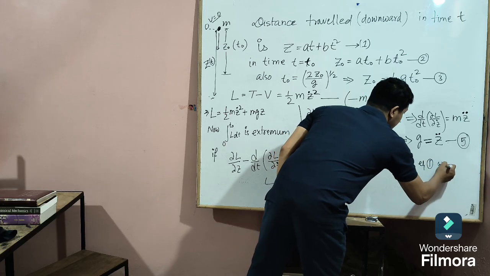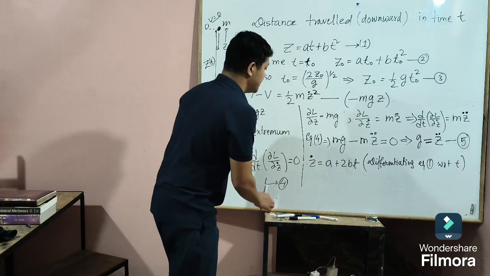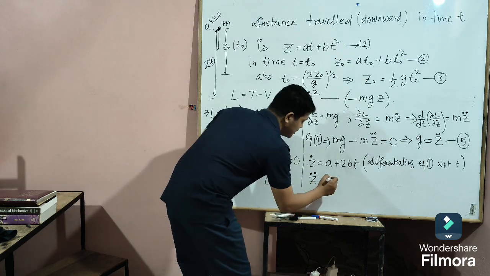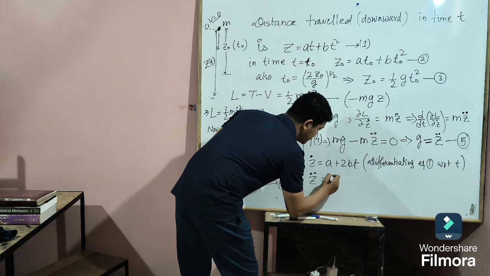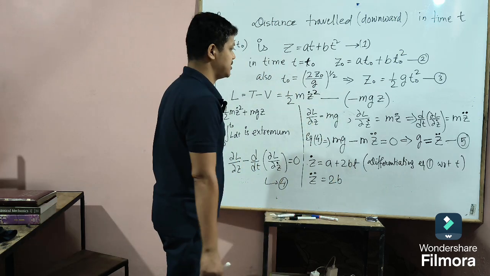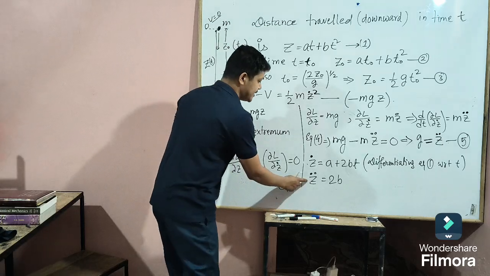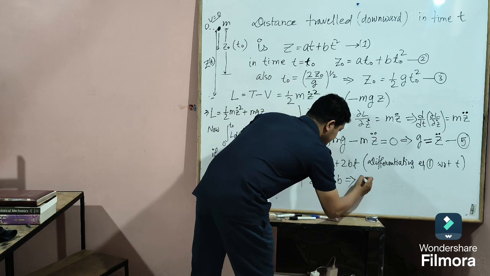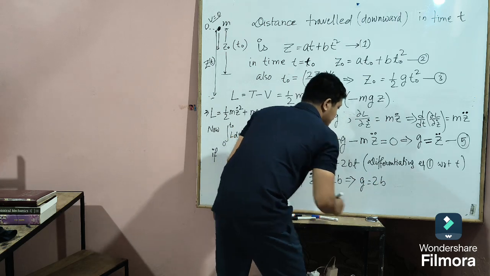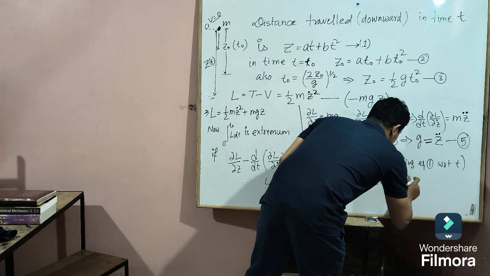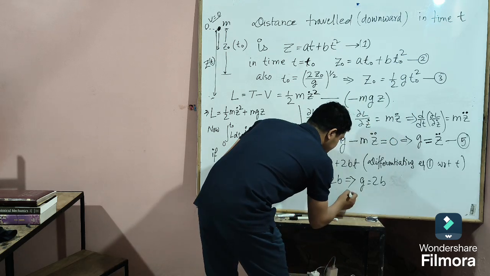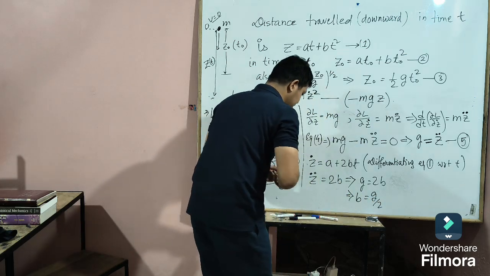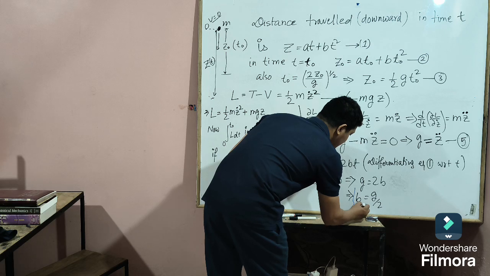And if you differentiate it again with respect to time t, then you're going to get z double dot; this is constant so that's going to be 0, and here we're going to have 2b only, and z double dot is nothing but g. So this implies g is equal to twice b, which means b is equal to g divided by 2.